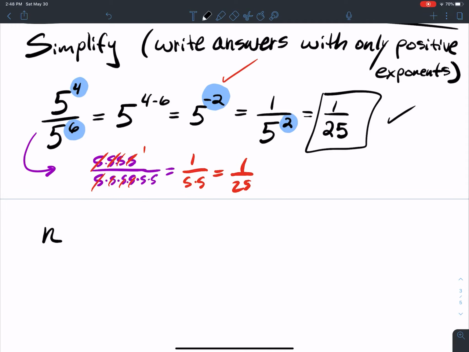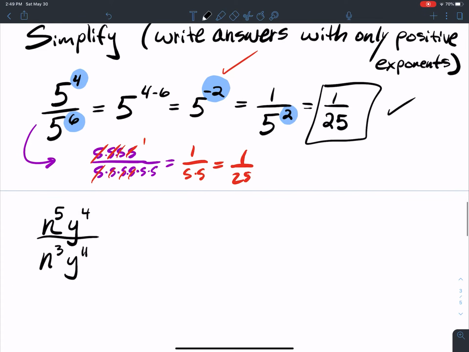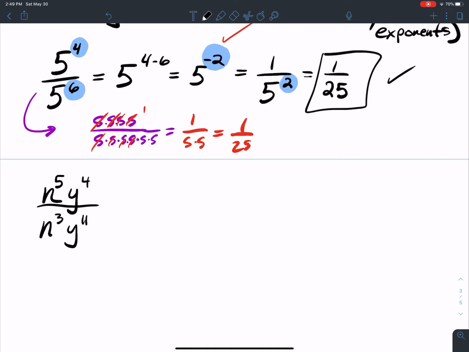Say now instead I'm going to mix some variables together. So n to the 5, y to the 4th, divided by n cubed, y to the 11th. Now, n's only cancel with n's, y's only cancel with y's. So how many n's do I have up top? I have 5. How many do I have down low?